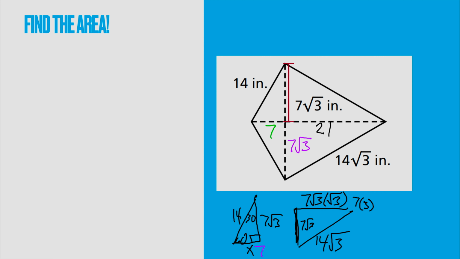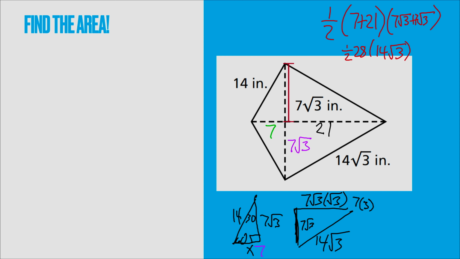So now we actually have our formula here. We have 1/2 of 7 plus 21 times 7 square roots of 3 plus 7 square roots of 3. So this becomes 1/2 of 28 times 14 square roots of 3.